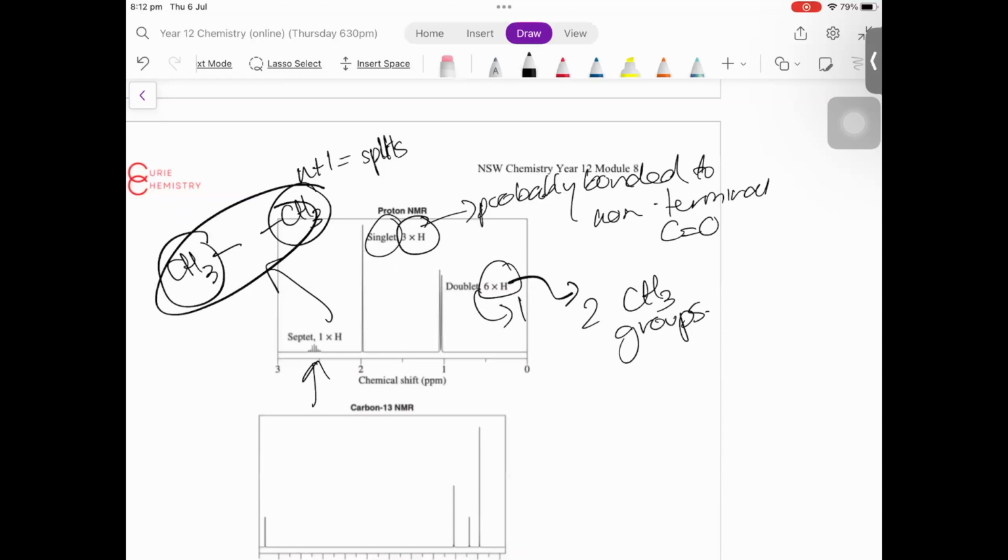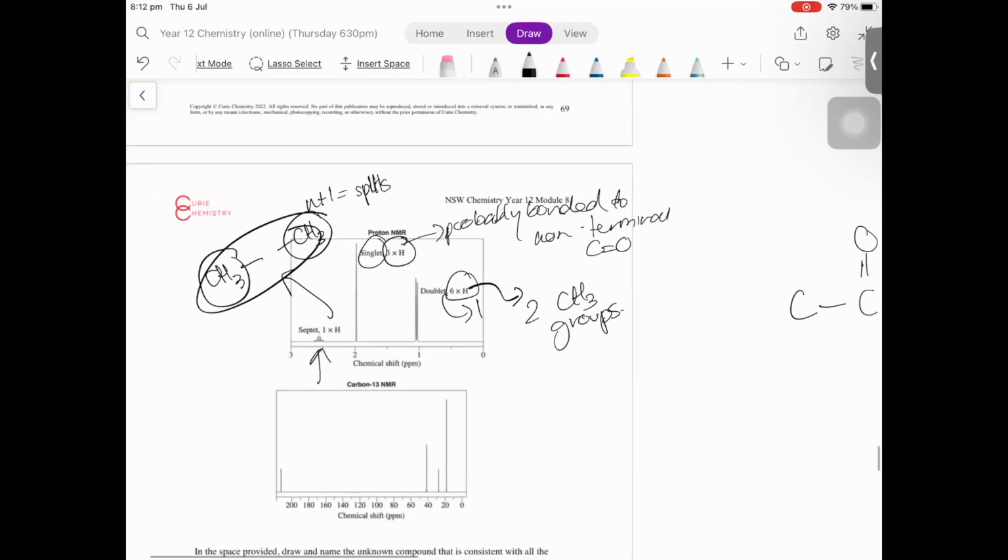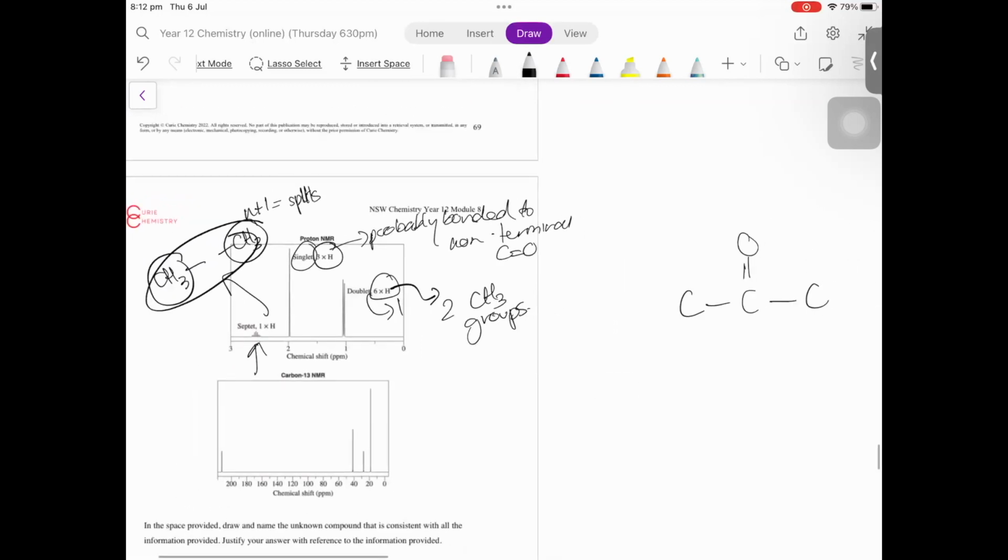So because it's a single hydrogen and it's really downfield, but originally we said it's an aldehyde, now we've confirmed that it's not, which means that the second best thing is that the hydrogen is on the carbon next to the carbon in the double bond.